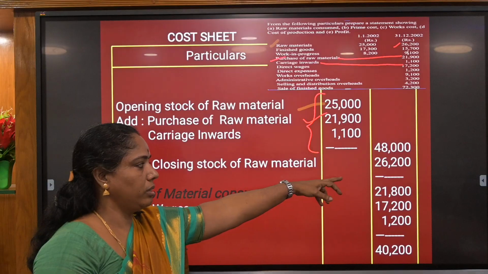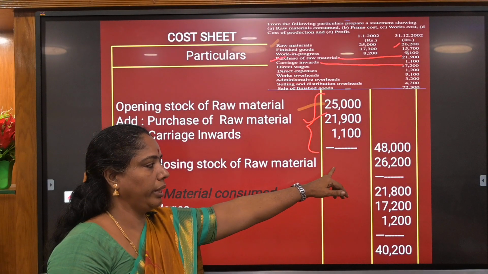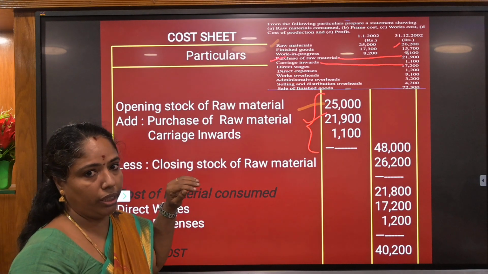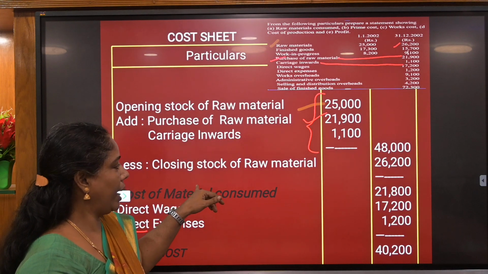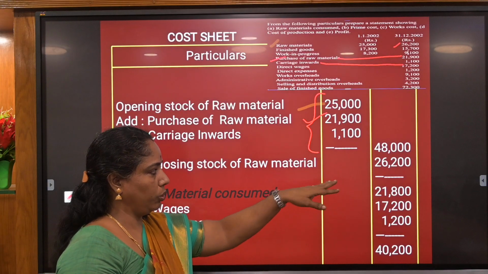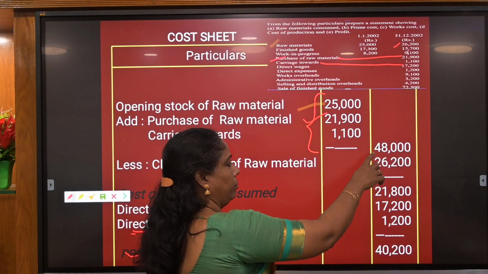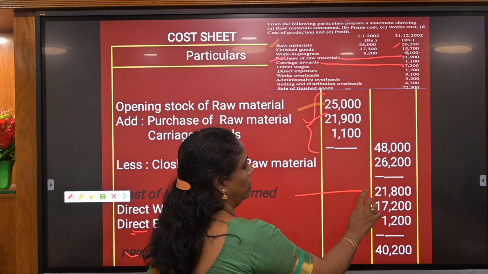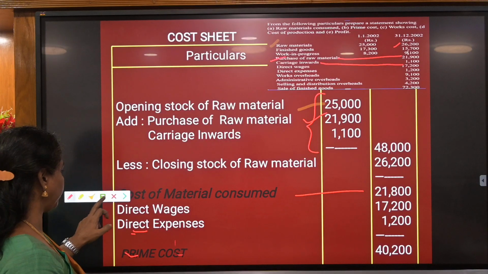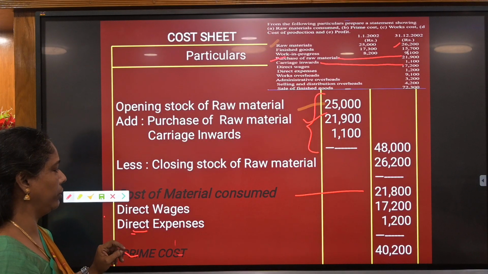If we find any sale of raw materials in the sum, we add it in the inner column and then put it in the outer column. After deducting, we get 21,800, that is the cost of material consumed.